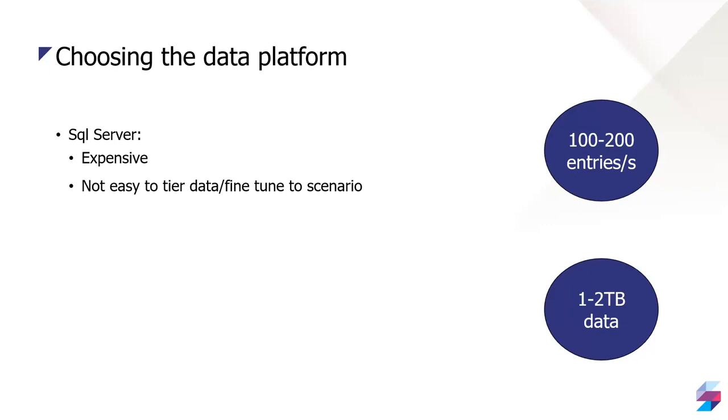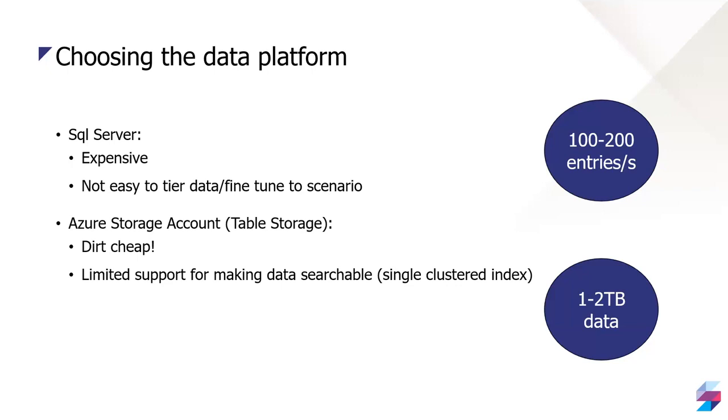Another option we looked at was Azure Storage Account, the table storage option, where you can basically just put things into a very generic table schema, and it is insanely cheap, very cheap, very effective. The same goes for AWS; their storage options are very cost effective, but also extremely limited in what they can do.